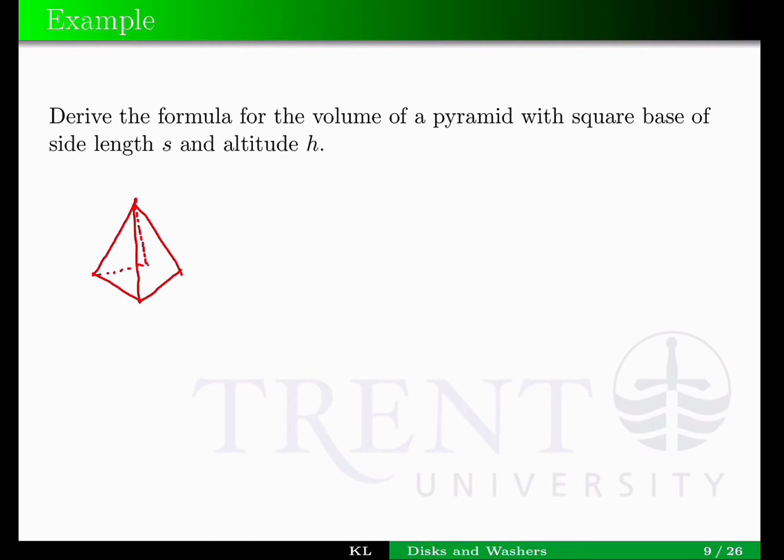That's the back part. Okay, and it said that this is a square base, so this is s, and then the height of this pyramid is h. So this is our solid.